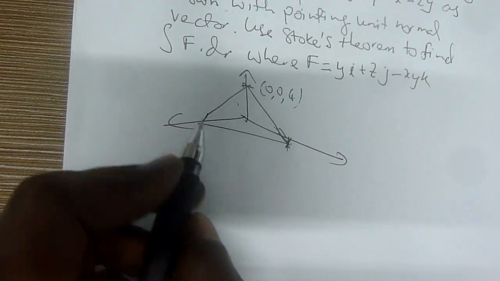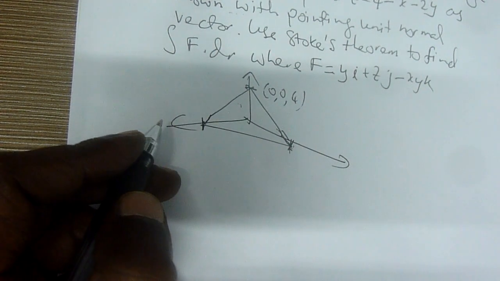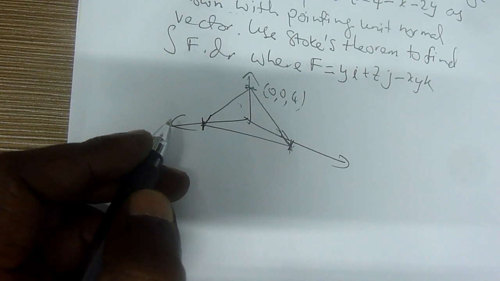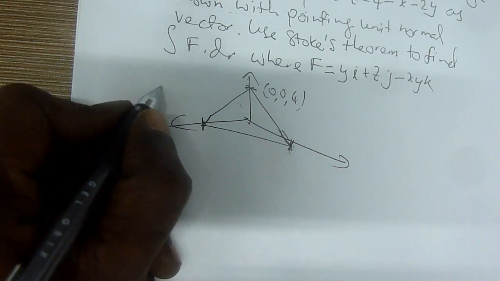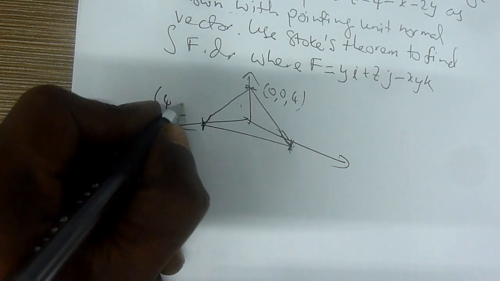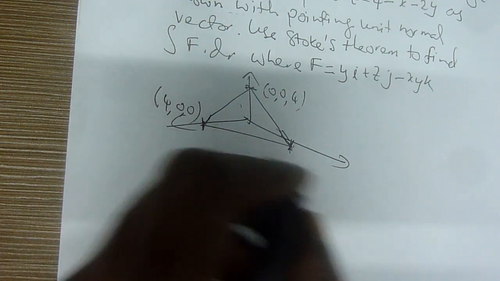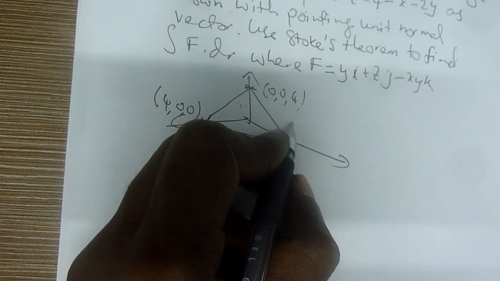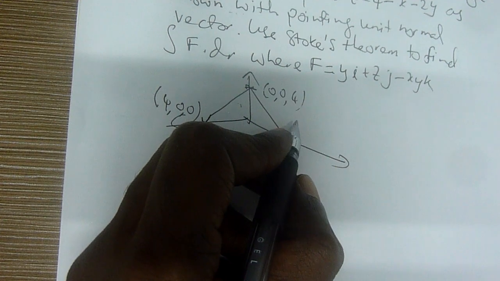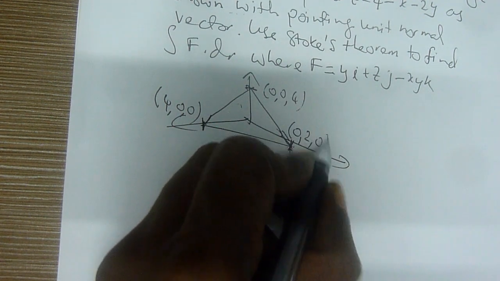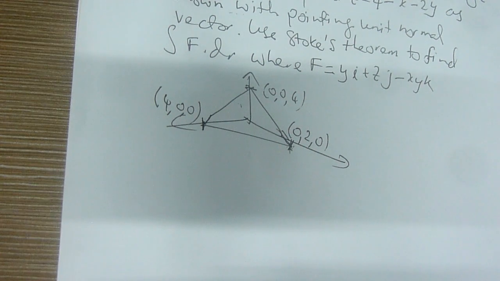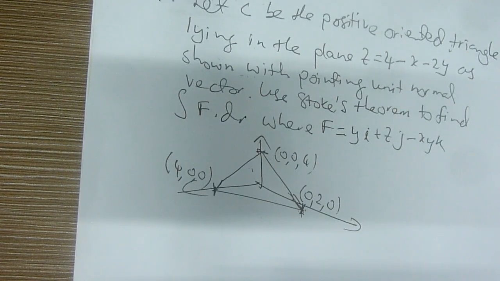What about x? If z is 0 and y is 0, x is 4 also, right? Therefore you will get 4, 0, 0. What about this one? If z is 0 and x is 0, y equals 2, so 0, 2, 0.